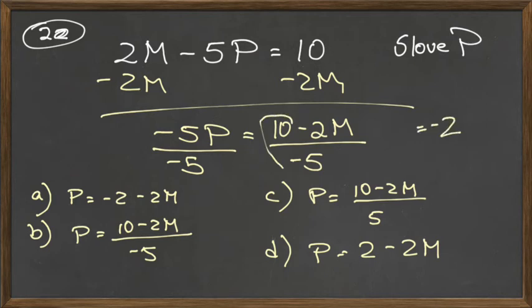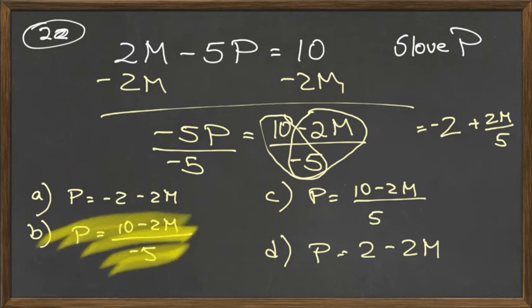But remember, you also have to simplify the negative 2m over negative 5, which would be a positive 2m over 5, if you wanted to simplify it. So they don't even go there. Here's your answer. But a lot of students, of course, do 10 divided by 5 is negative 2, and then they just copy the minus 2m over. Don't even think about that. That's wrong. You have to divide everything on top by that negative 5.